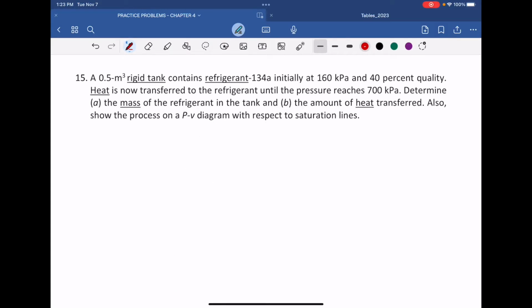A 0.5 meter cube rigid tank contains refrigerant initially at 160 kilopascal and 40%. We write it down.